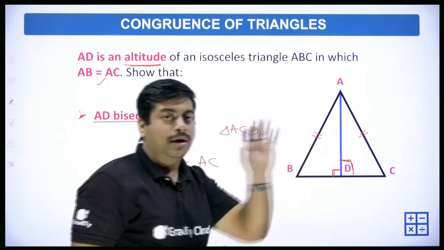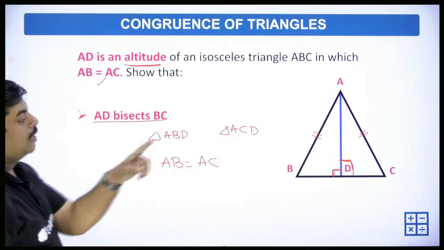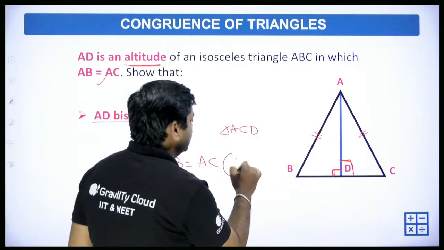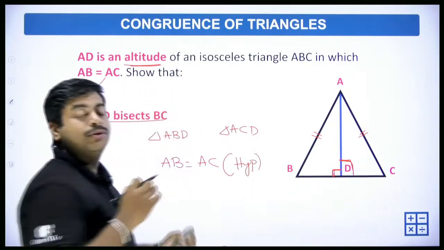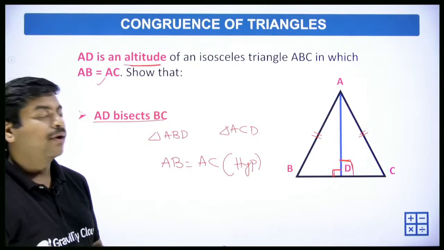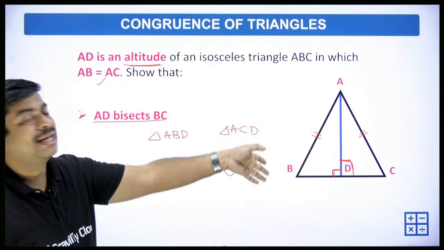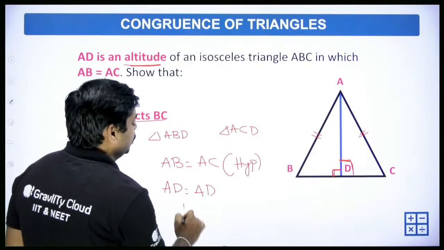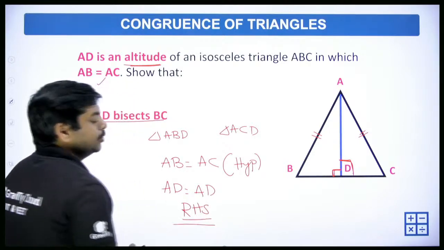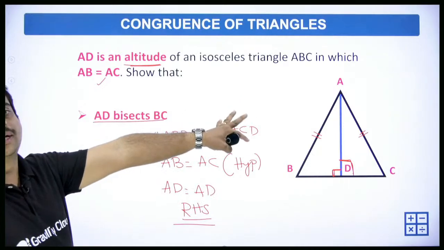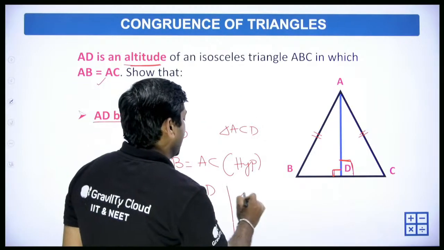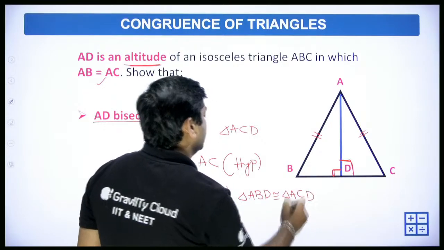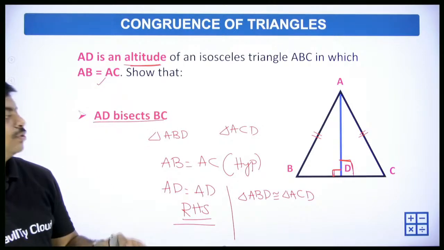Next, this is the hypotenuse of both the triangles, so the hypotenuse is equal, and one more side is AD, so AD is equal to AD. Using RHS congruency, these two triangles are congruent: triangle ABD is congruent to triangle ACD.